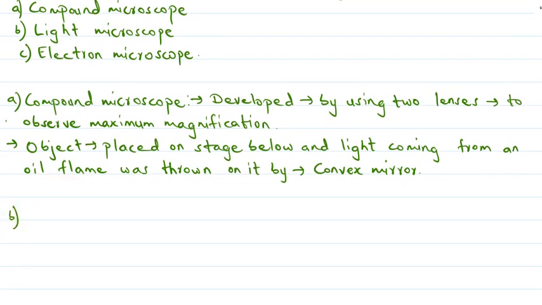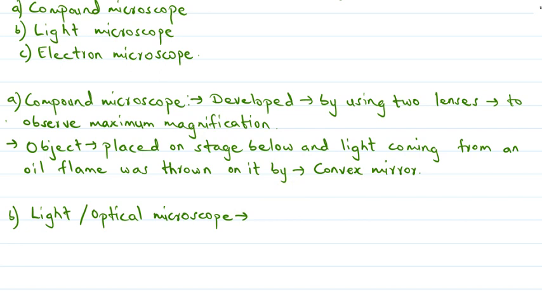Then the next one is the light microscope, or it can also be called the optical microscope. It is a greatly improved design of Hooke's microscope. This is an improved version of Hooke's compound microscope.